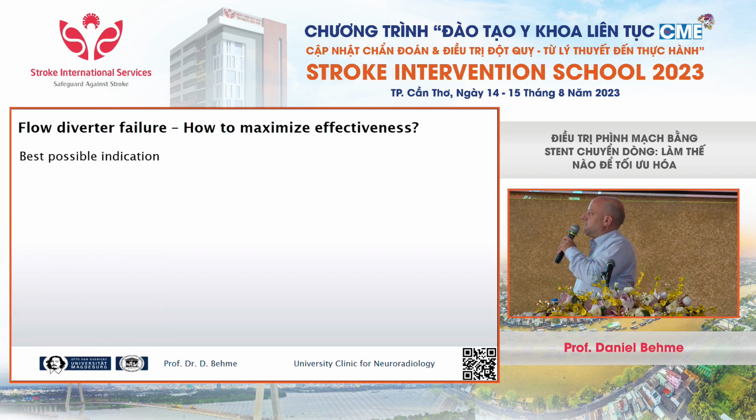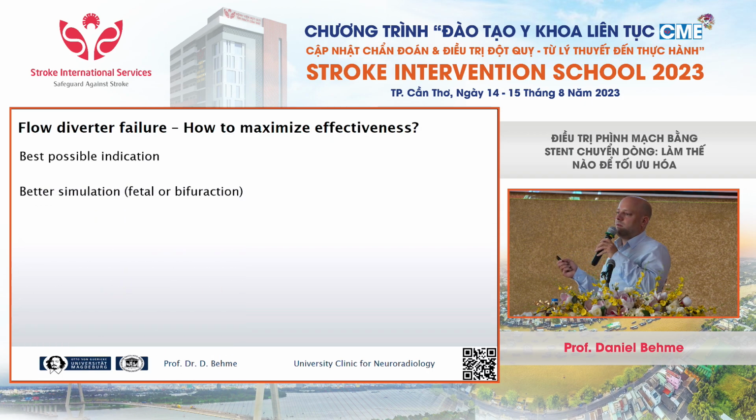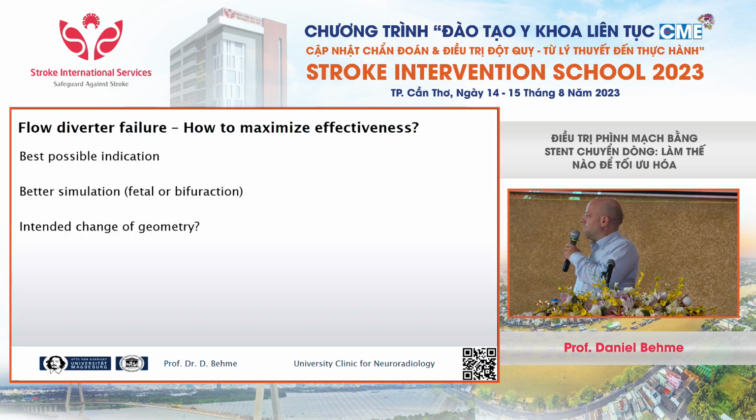So how to maximize the effect? First, think about the best possible indication, maybe with flow simulation. That could actually be a very good point for CFD in the future, to give us a better idea if branching arteries will remain with so much flow that the flow diverting effect is too low or not. And then one thing, I'm going to show you the paper because I found it very interesting.